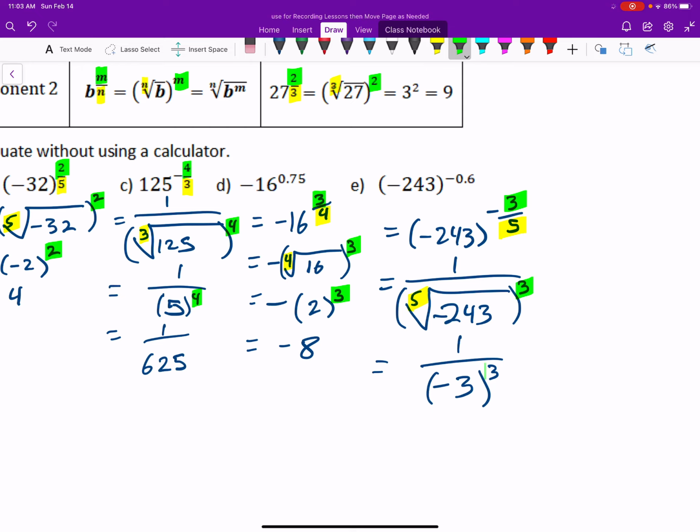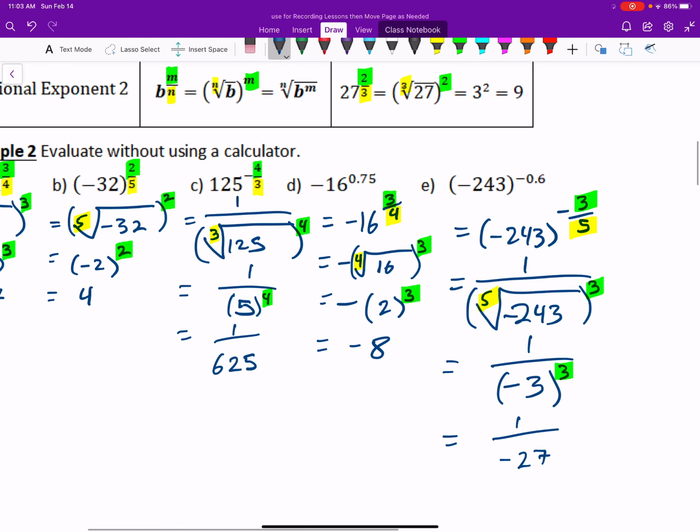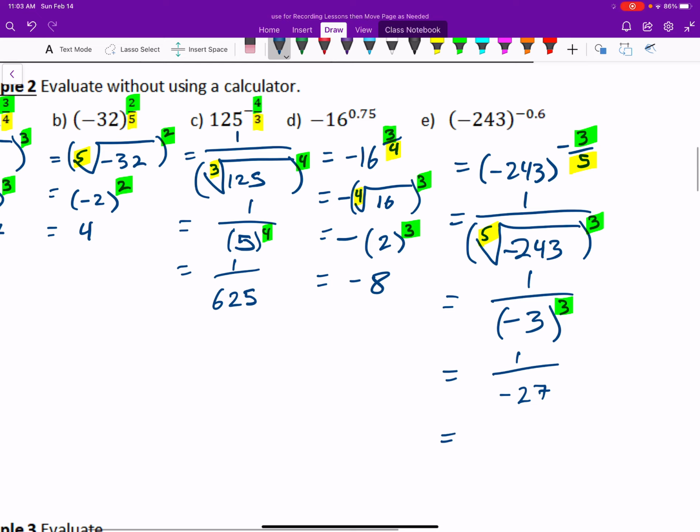Going to raise that to the exponent 3. It becomes -27. And normally I'd put the negative sign out front, but I don't have to. Or actually I normally put negative signs on top, but either way is fine.